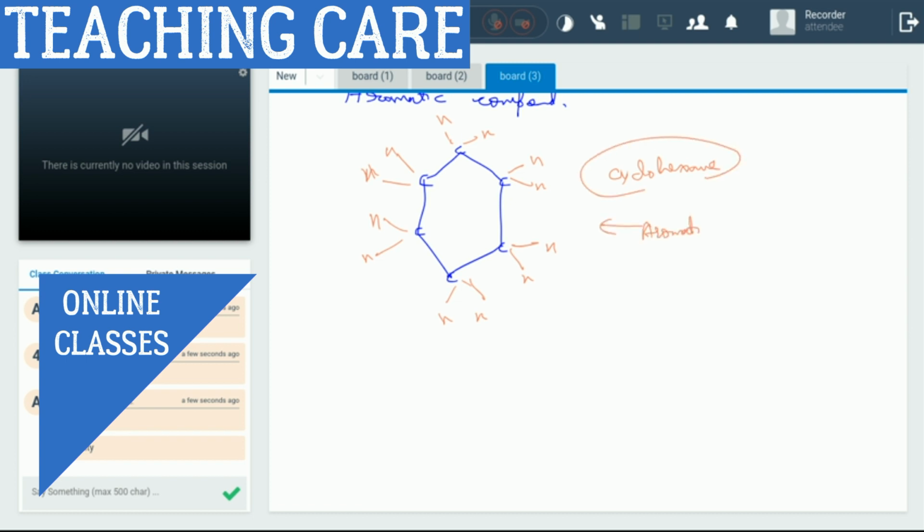But that is not aromatic. Why? Because for the aromatic, there should be alternate double bonds. Can you see any double bond here? There are no double bonds. So if I want to make the benzene, there should be alternate double bonds. Here is the structure with alternate double bonds. Now this carbon is attached with how many bonds?